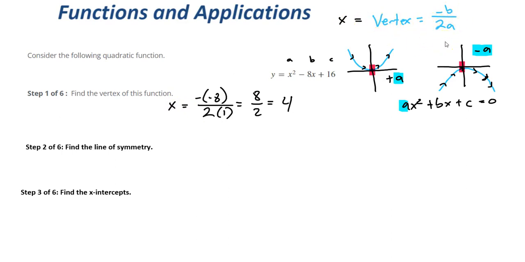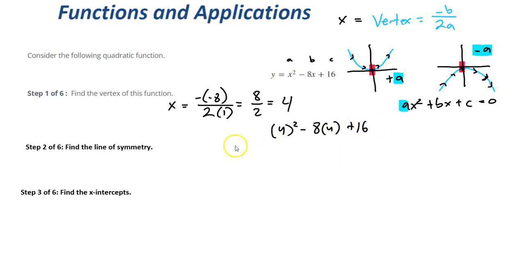Well, now we just got to find what is the y value, because this is saying the vertex. Vertex is an address. There's a coordinate here. It's not always just going to be like 0 or something like that. So we need to plug this back into the equation. So whenever I do that, I can do 4 squared minus 8 times 4 plus 16.